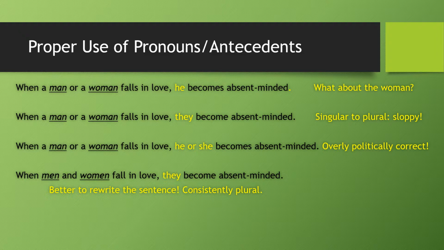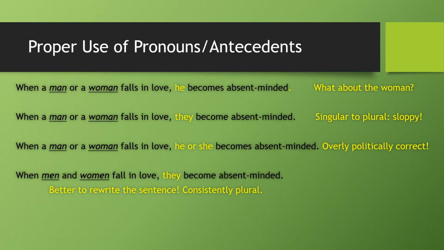So in a sentence like this, it would be best to reword the sentence. When men and women fall in love, they become absent-minded. So now we have men and women, both plural, followed by the plural pronoun they. So the third sentence is correct, but maybe a little bit of a stretch.